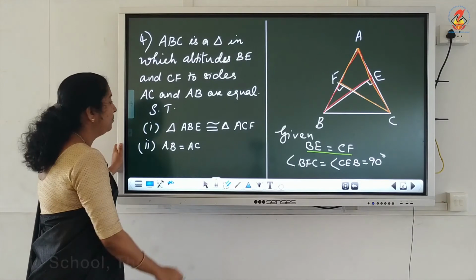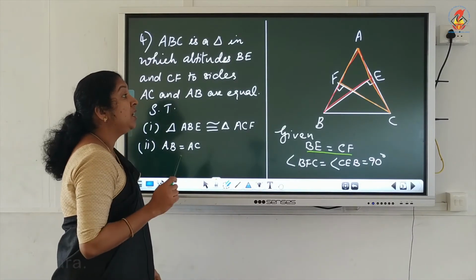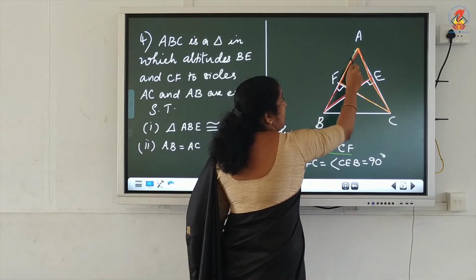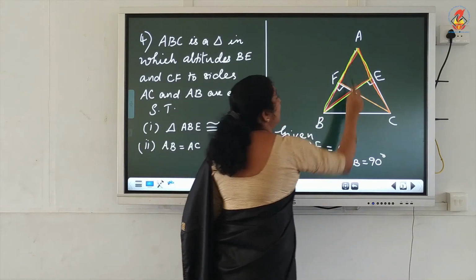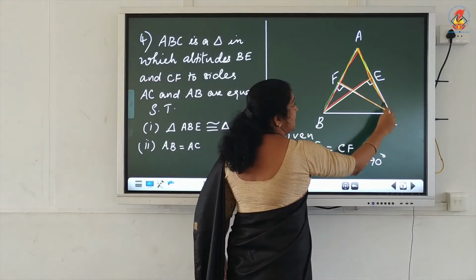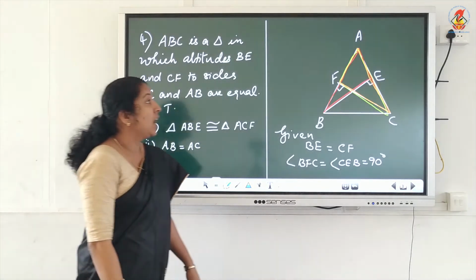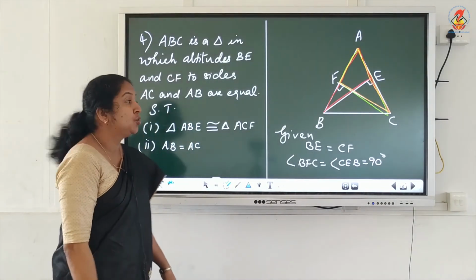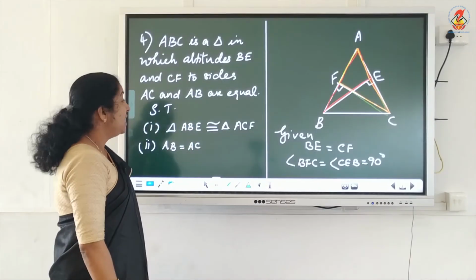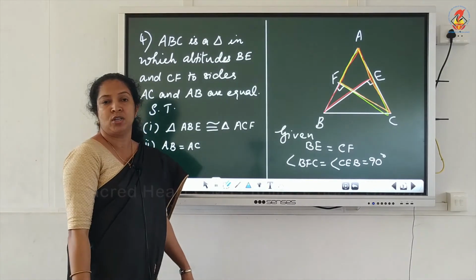What we have to prove? We have to prove triangle ABE is congruent to triangle ACF. This is what we have to prove. And we have to prove AB is equal to AC, that is using corresponding parts.